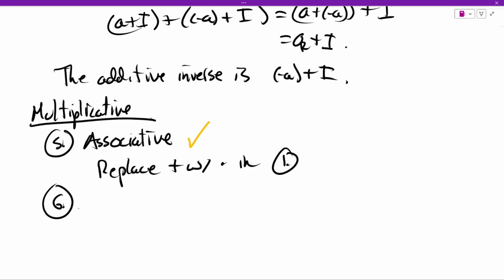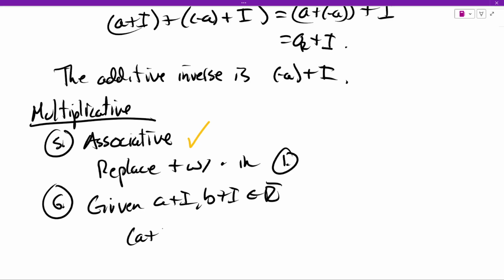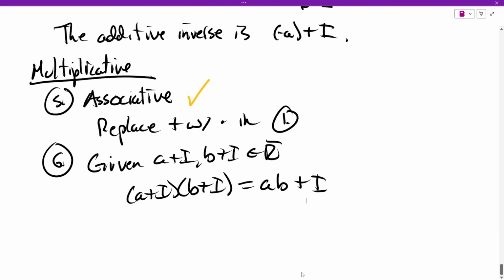6. We claim it's a commutative ring. So given A plus I and B plus I in R bar, the multiplication should be commutative. Well, A plus I times B plus I is by definition AB plus I, that's how we defined multiplication.